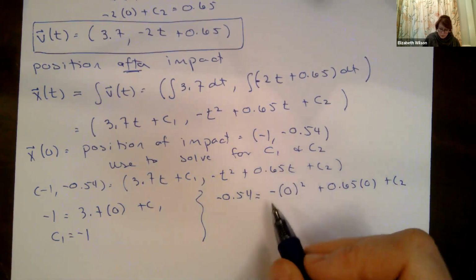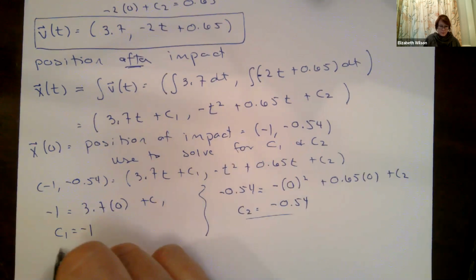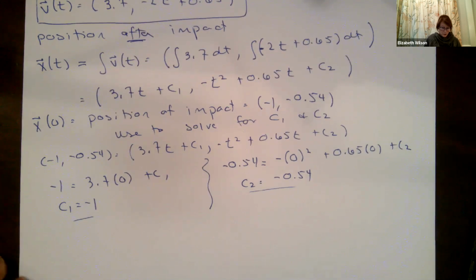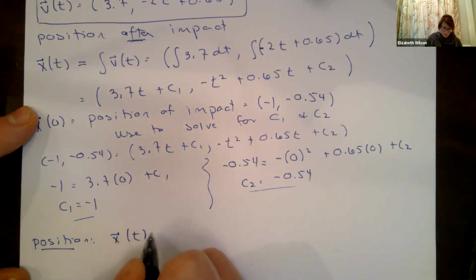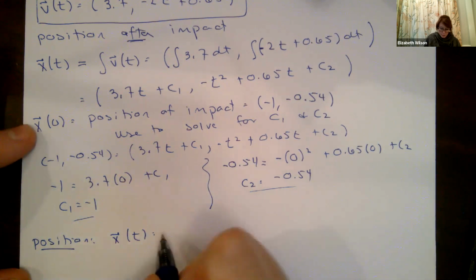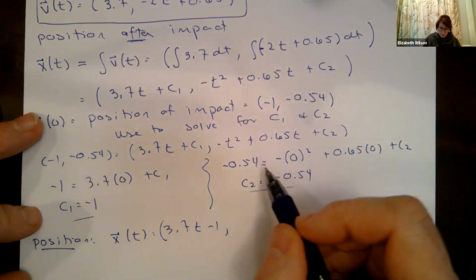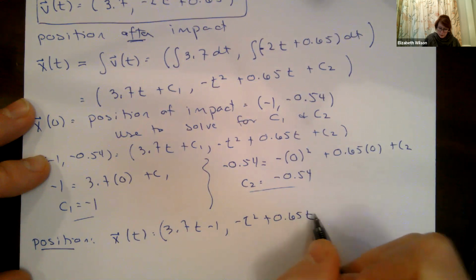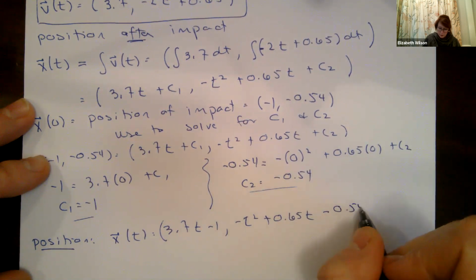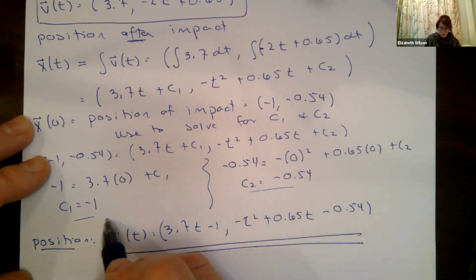So now C2 equals minus 0.54. Okay, so that's going to give us a new position equation. So X of t equals, let's put it all together: 3.7t minus 1, and minus t squared plus 0.65t minus 0.54.